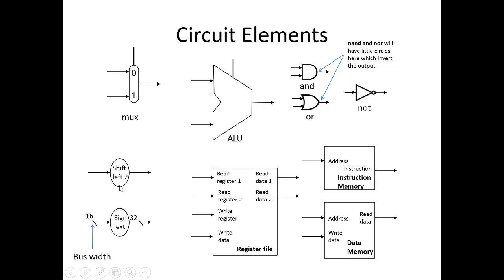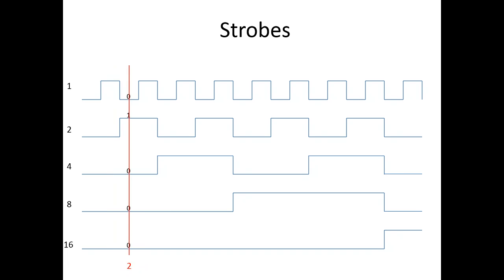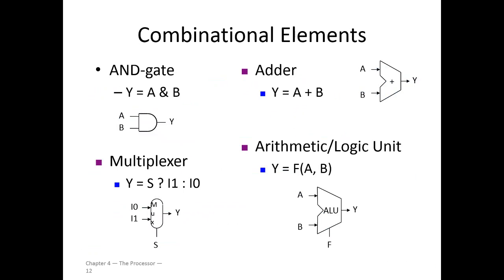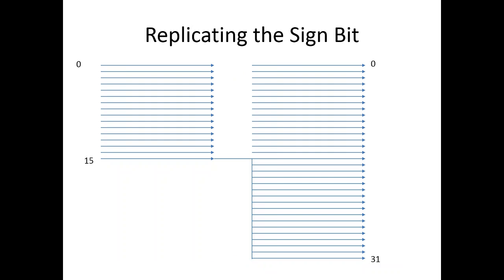Well, you might ask, how do you not need the arithmetic logic unit for that? The logic is shown in Appendix B, but I'll show you right now how these work. If you're just extending a sign, all you're doing is replicating the sign bit.